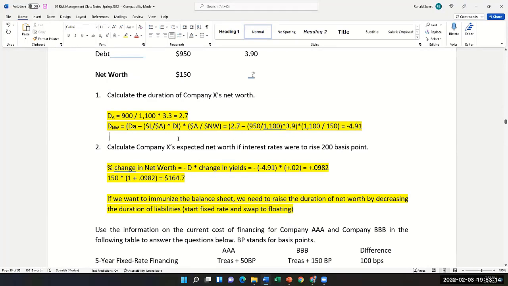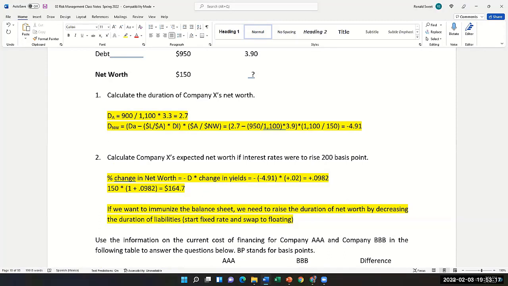That's where you want to, before you move to the swap question, say duration of net worth is too low, need to increase duration net worth by increasing duration of assets or reducing duration of liability. I actually ask you that on exam. You'll see the practice questions. I actually ask you that on this first part so that you're thinking about it before you get into the swap. Then when you get into the swap, it's not quite so confusing.